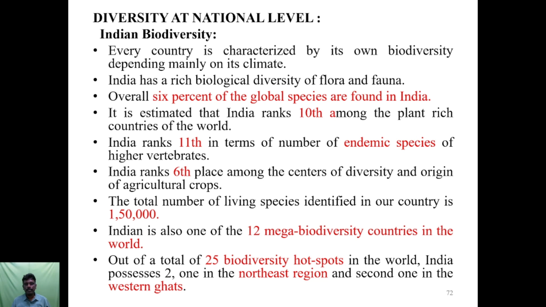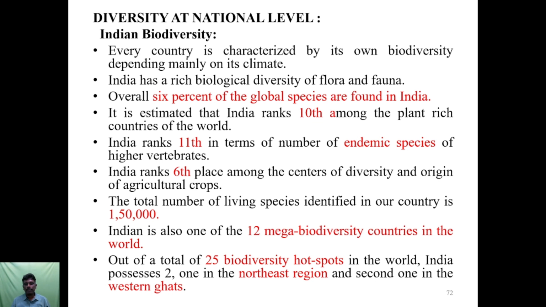It is estimated that India ranks 10th among the plant-rich countries of the world. India ranks 11th in terms of number of endemic species of higher vertebrates. India ranks 6th place among the centers of diversity and origin of agricultural crops.